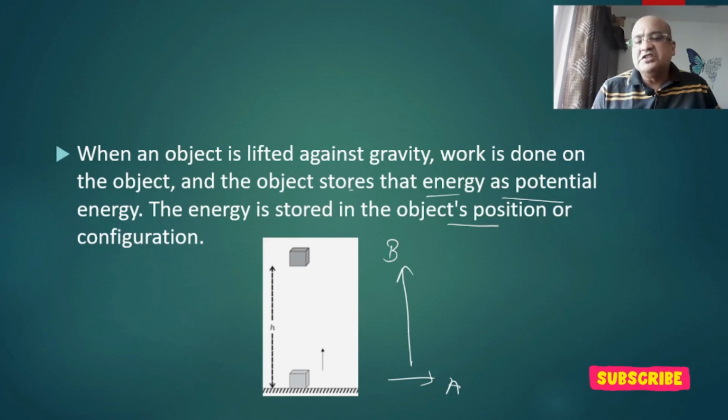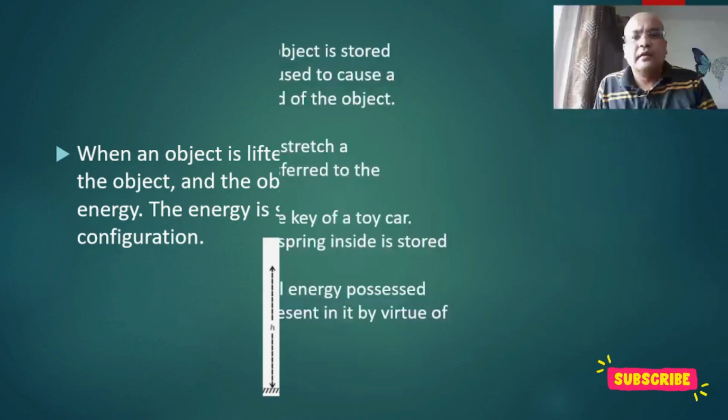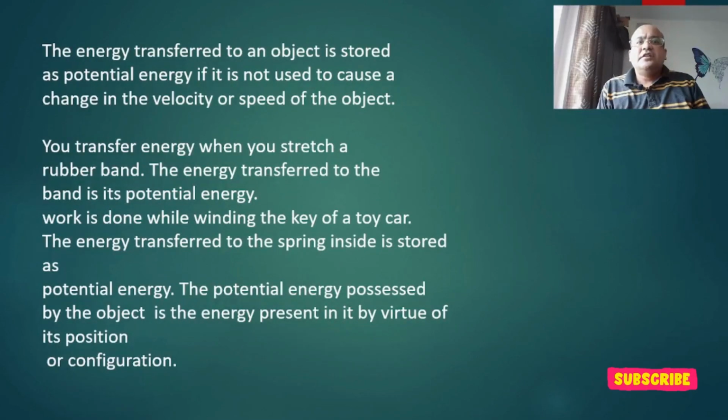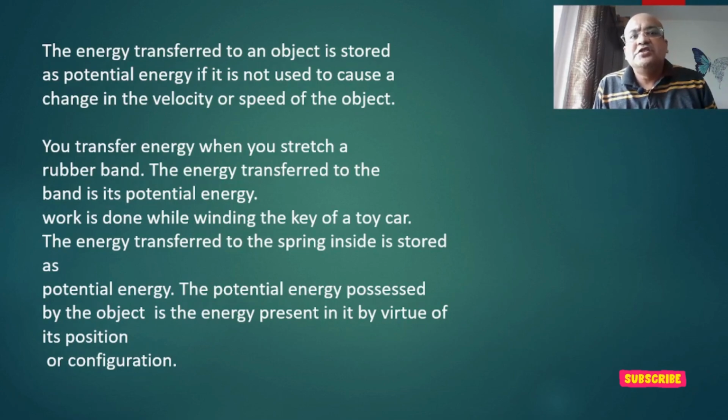So the potential energy stored by the object at B will be the most. The energy transferred to an object is stored as potential energy if it is not used to cause a change in the velocity or the speed of the object.